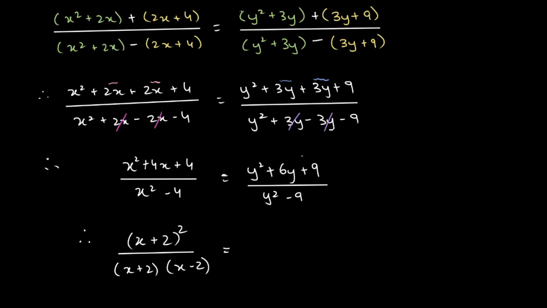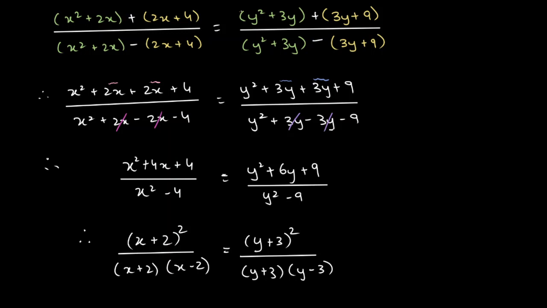Same way in the right hand side of the equation, the numerator y squared plus 6y plus 9 is actually the expansion of y plus 3 the whole square, right? a squared plus 2ab plus b squared. And similarly in the denominator here, this is a squared minus b squared, right? So y squared minus 3 squared, which is y plus 3 into y minus 3.